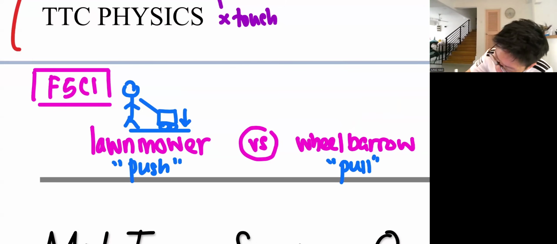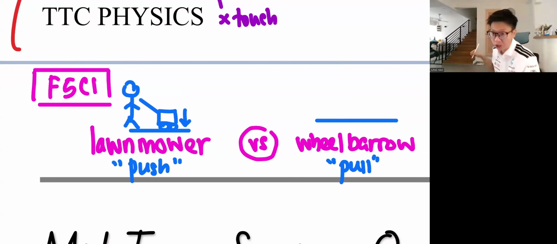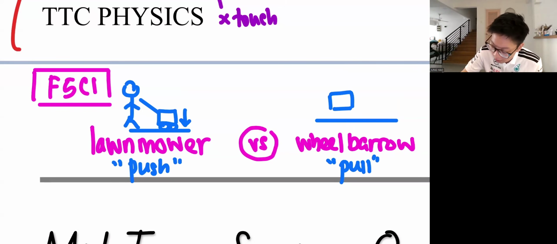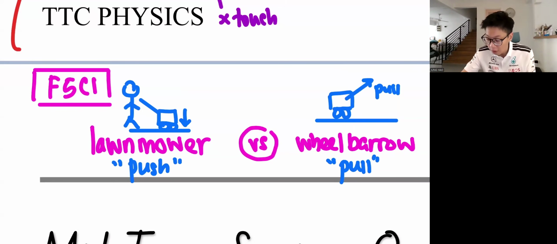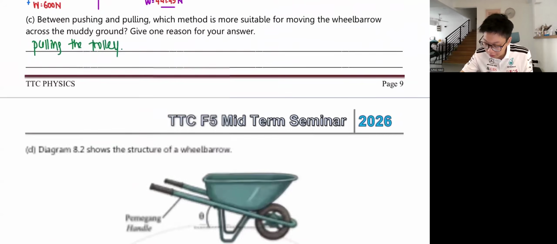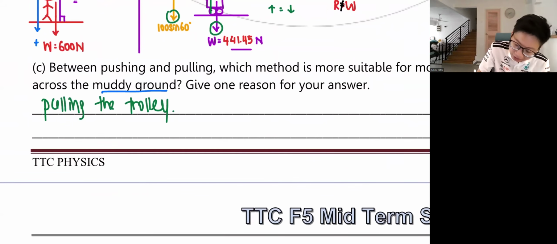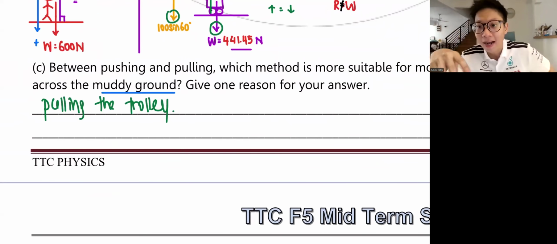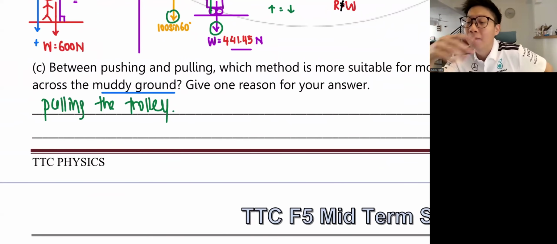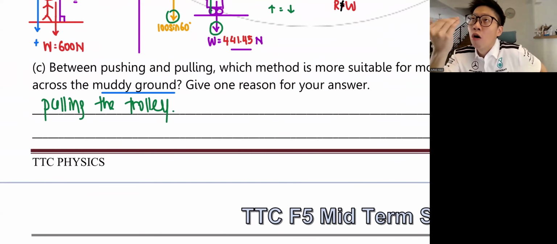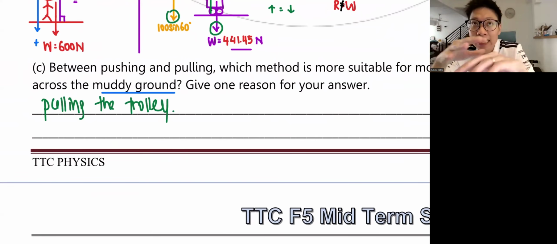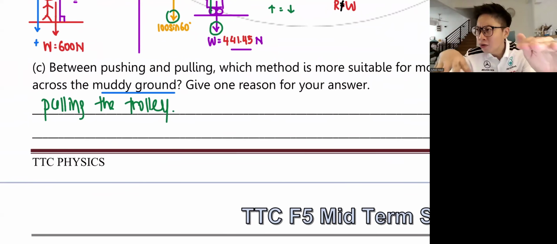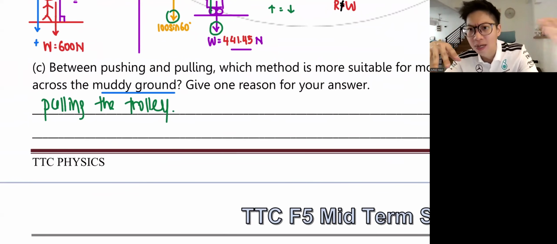Because if let's say you push the wheelbarrow, sorry, let me draw first. So you need to pull the wheelbarrow, because if you push it, they already tell you it's muddy ground. If you cross the field and it is very muddy, will you purposely drag your leg?